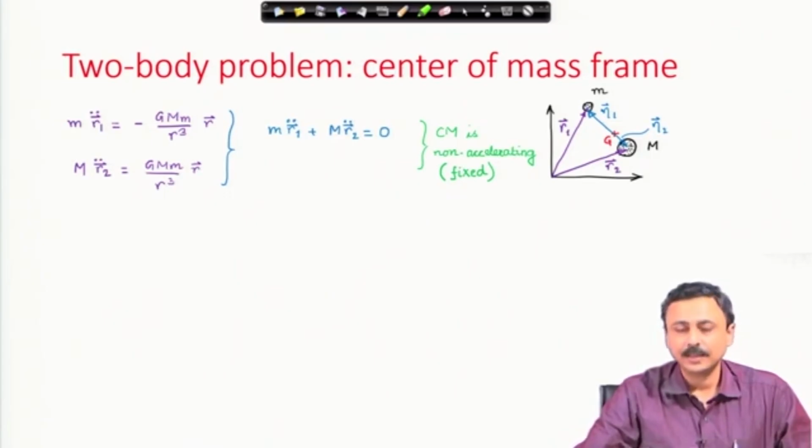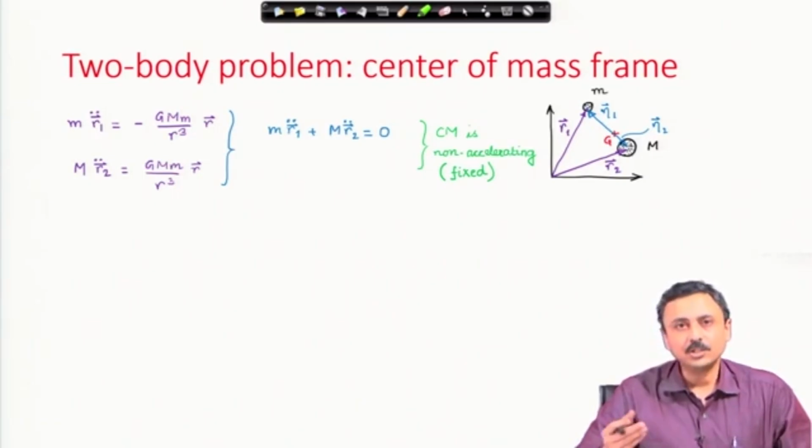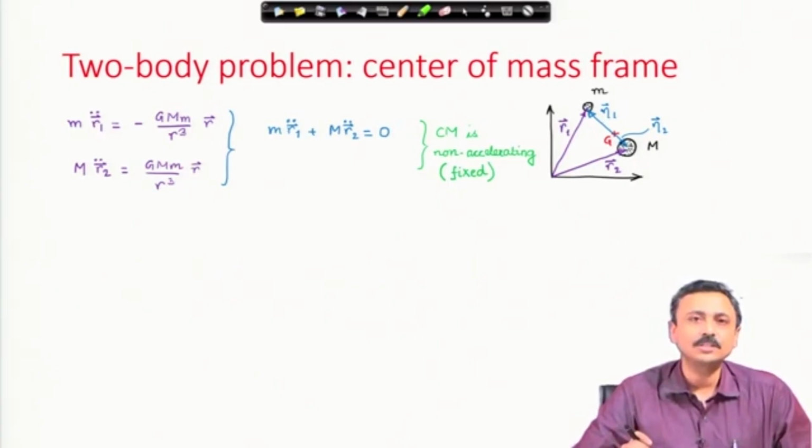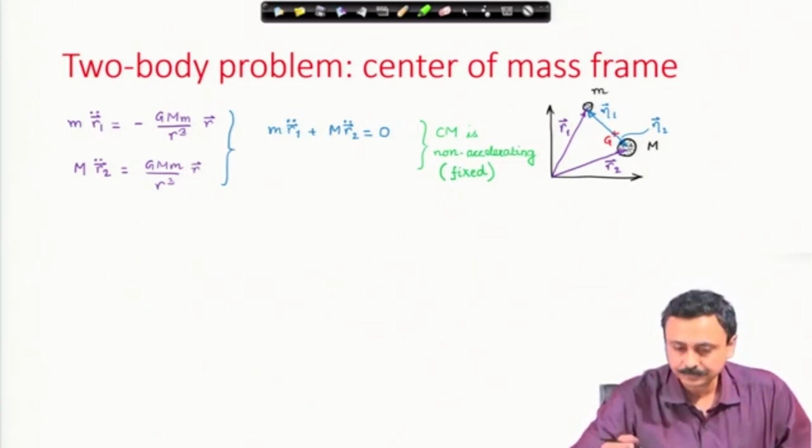Since it is non-accelerating, it can at most have a constant velocity. Therefore, I can always switch to an inertial frame which is moving with the center of mass, and in that frame the center of mass becomes fixed, and that is what the center of mass frame is.